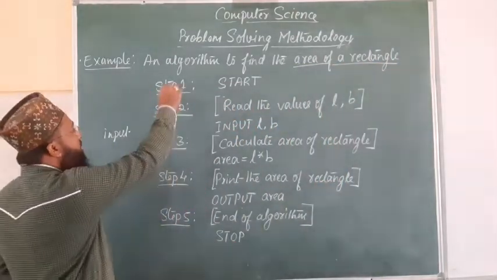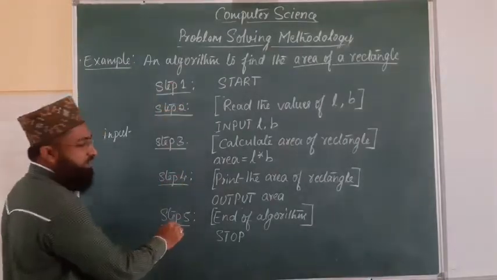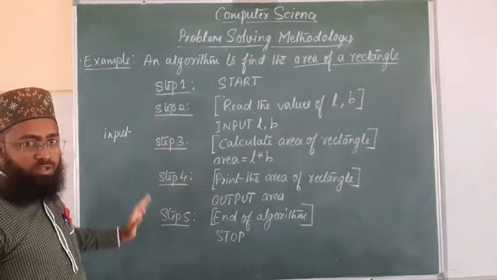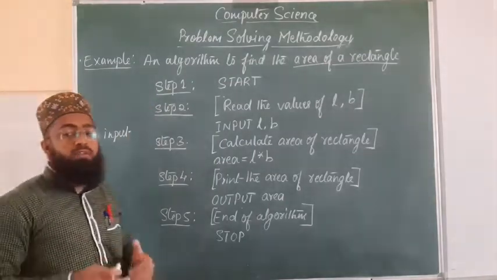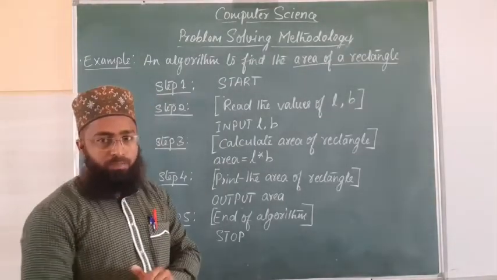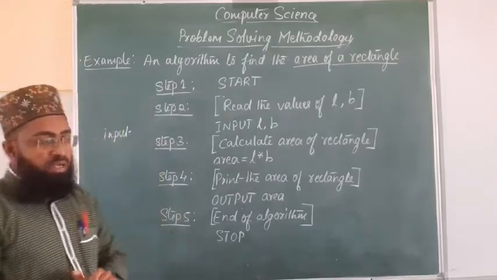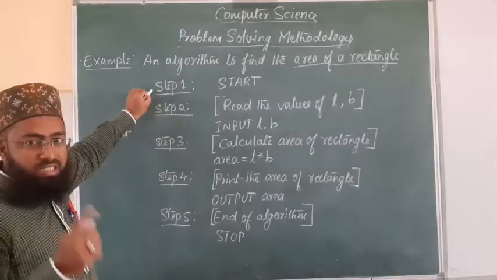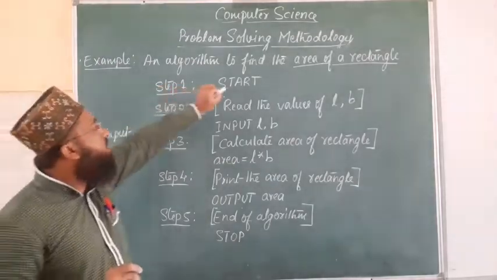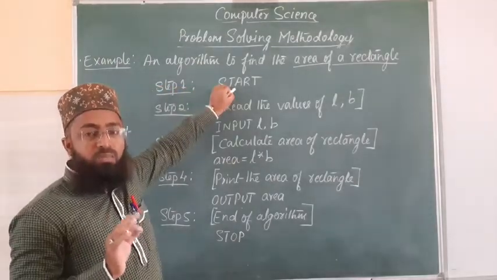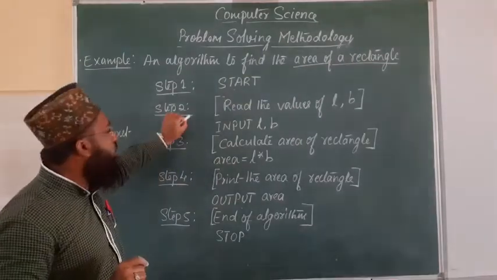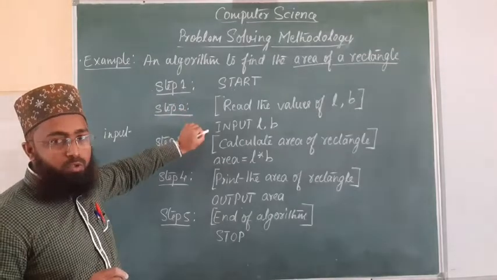This algorithm includes 5 steps: step 1, step 2, step 3, step 4, and step 5. How do we start writing an algorithm? For every algorithm, we take step 1, and step 1 should be start only. That means the beginning of the algorithm. Then step 2 should have inputs.